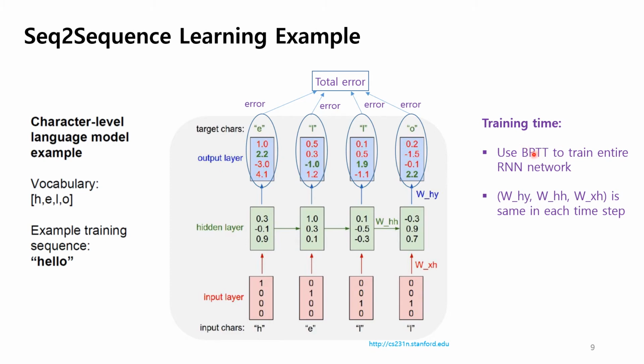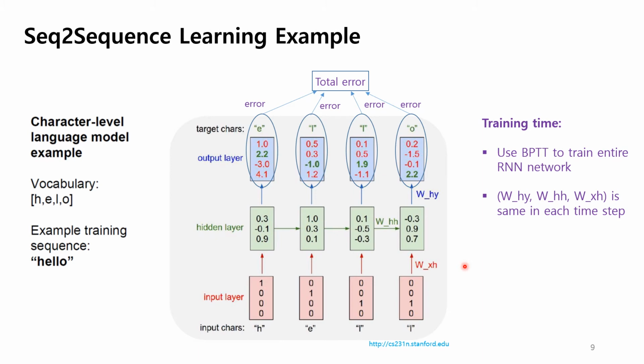Basically it is backpropagation, but in the RNN case we use it across different time steps. The goal is that you add all these errors together from each time step, and that becomes the final loss function, the error function of backpropagation.